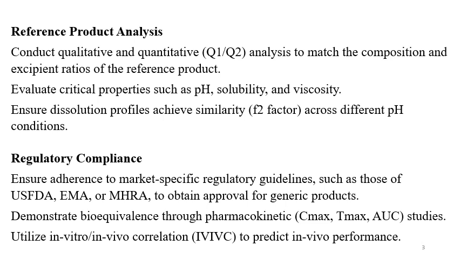The reference formulation is required to be studied for qualitative and quantitative composition. Q1, Q2 analysis to be done. Then evaluate the critical properties like pH, solubility, viscosity, ensure the dissolution at various pH conditions, perform multimedia dissolution, and also understand the patent claims if any.